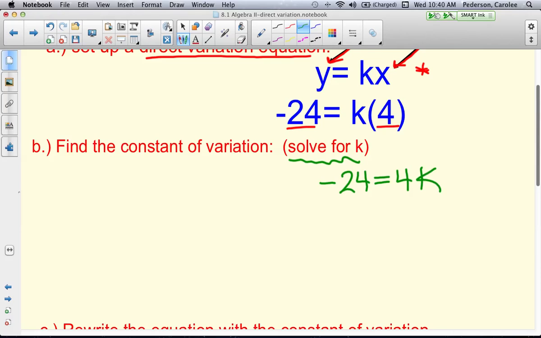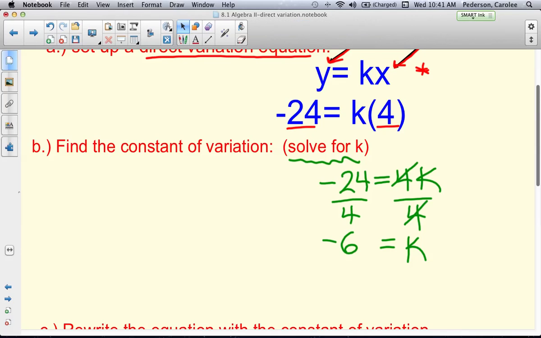Now we have to get that k by itself, so we want to undo the 4 times k. So to undo that, we divide both sides by 4. The 4's will cancel. And then negative 24 divided by 4 is negative 6. So what we just found is what we call the constant of variation, k.